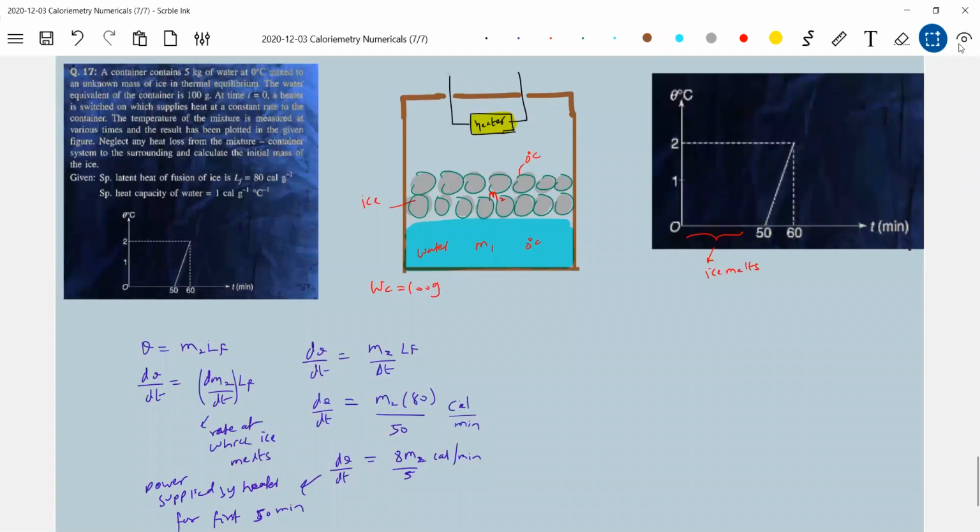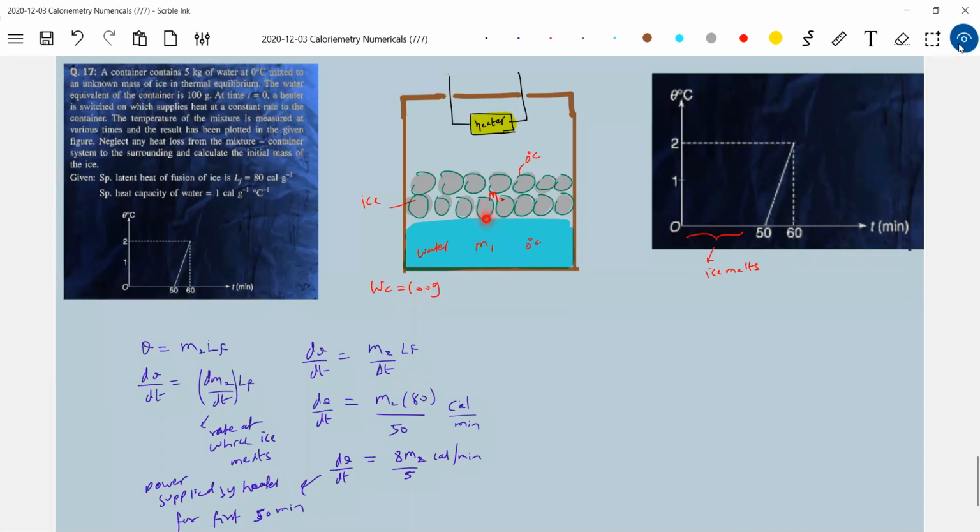Okay, next we'll go for the next part. After this, what will happen? In that 10 minutes, the temperature of the mixture, once the ice melts, what is available now? 5 kg of water, so 5,000 grams of water, plus m2 grams of ice, and the 100 grams water equivalent of calorimeter.